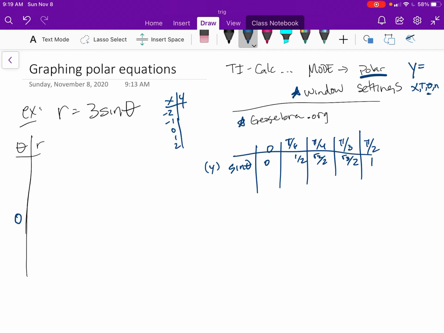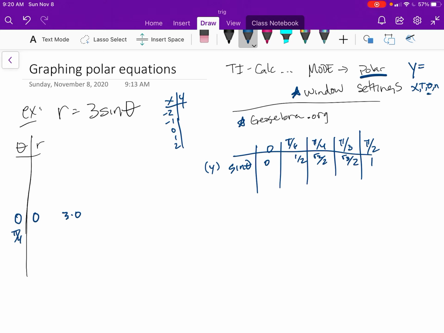So if theta is 0, then sine theta is 0, so 3 times 0 is 0. We have 3 times 0 right here. We'll choose just a couple values. I know all of these are in quadrant 1, so we'll just do pi over 4.